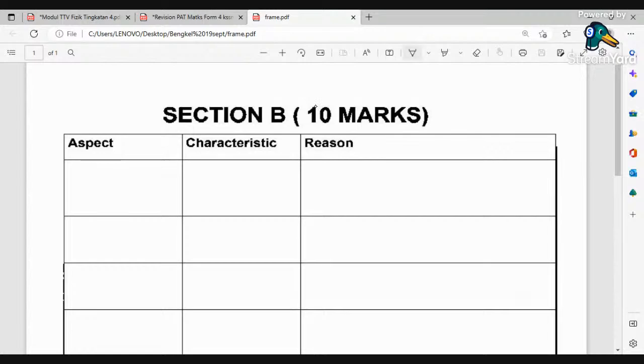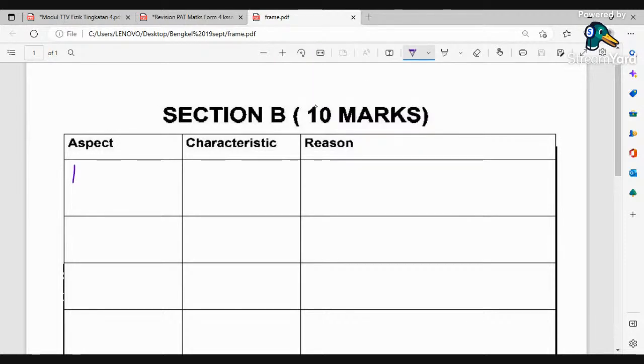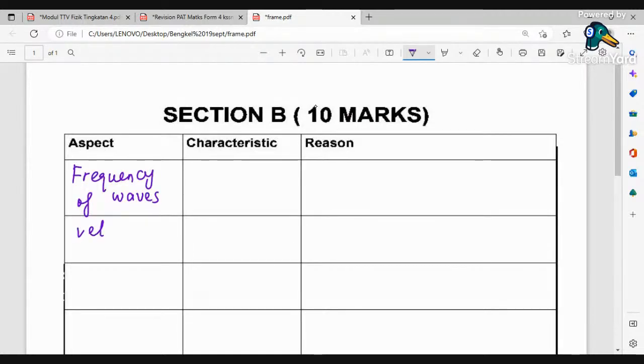You write down the aspect dulu, supaya tak terlupa. Velocity of wave, position of transmitter, type of wave.